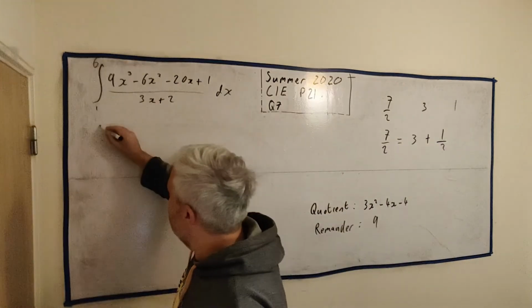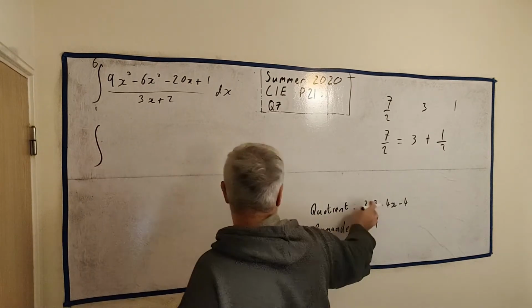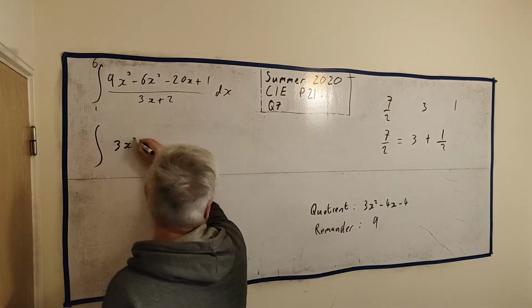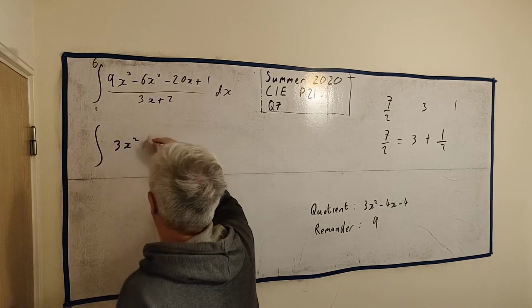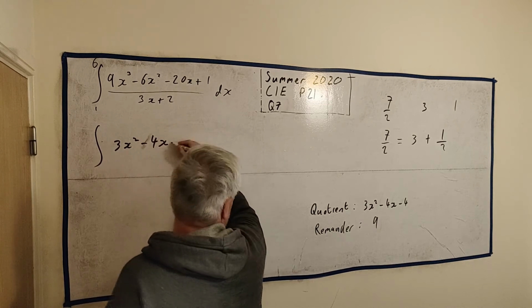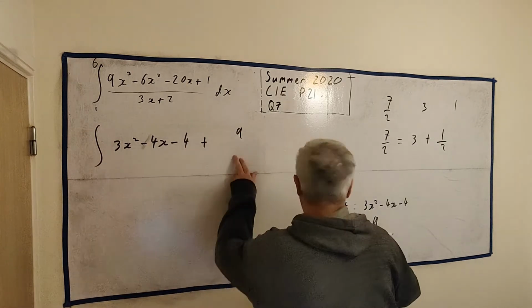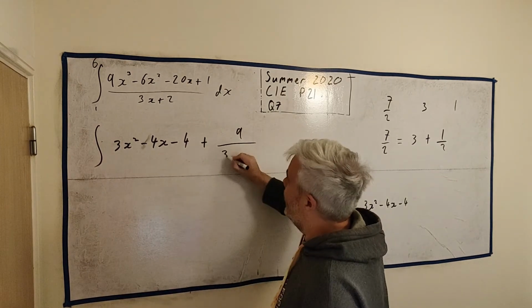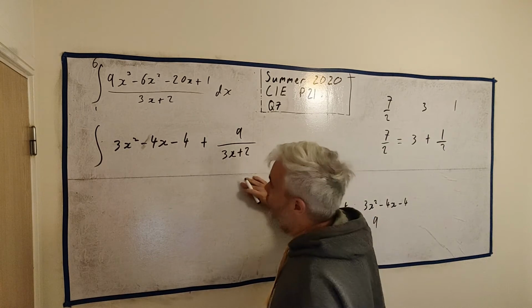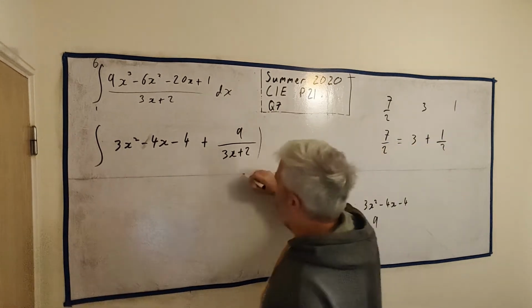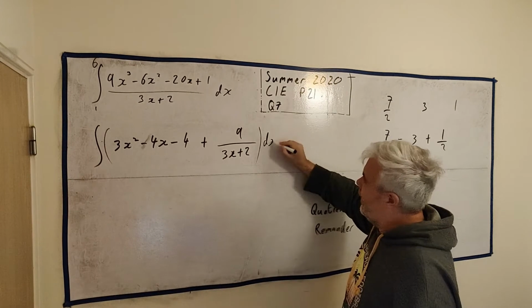Again, we can rewrite this as the quotient, 3x squared minus 4x minus 4, plus the remainder 9 divided by 3x plus 2. And let me put a bracket in here and keep the dx.